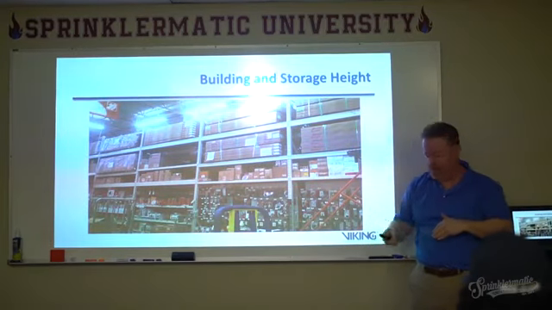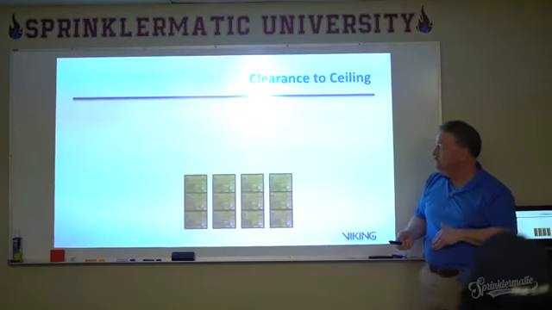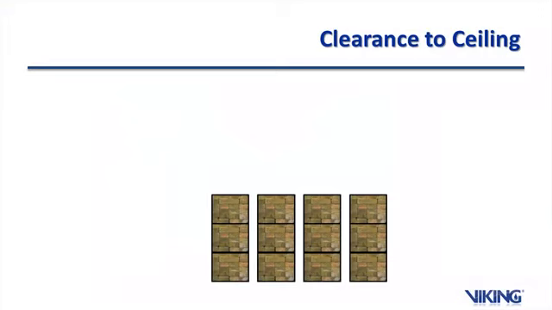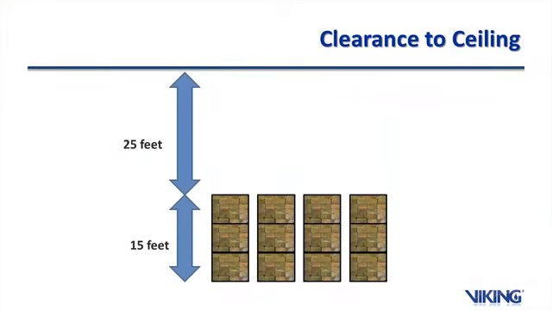So let's take a look. Let's just say we have 15 feet of storage. There's my fuel load right there. And I've got 25 feet above that to my sprinkler.